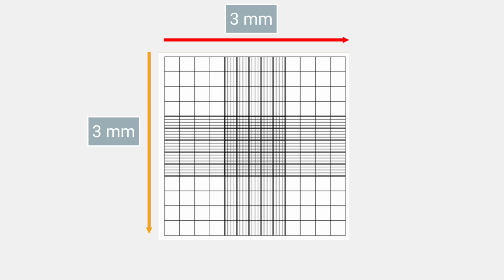So each of these boxes is of 1 millimeter. Horizontally 3 is divided into 1 millimeter, 1 millimeter, 1 millimeter, and again in the vertical 1 millimeter, 1 millimeter, 1 millimeter. Each of these large boxes has a length of 1 millimeter and a breadth of 1 millimeter.